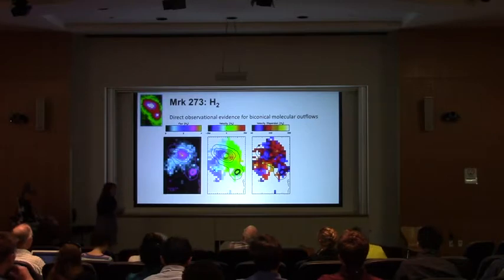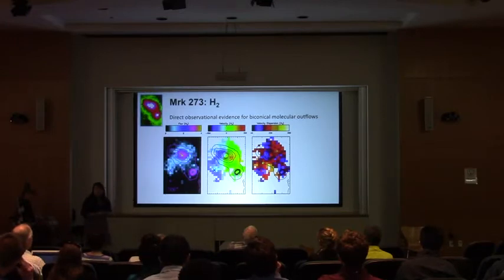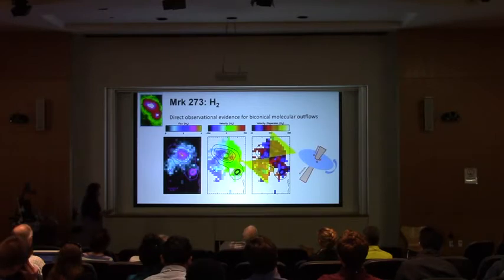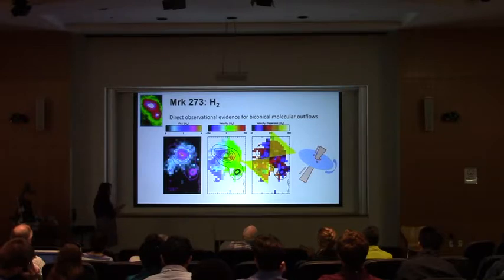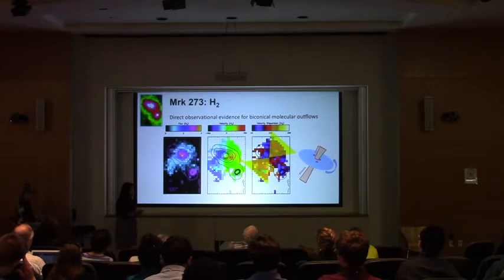But what's really interesting here is the dispersion that corresponds to molecular hydrogen, where it's enhanced along the minor axis of the rotating disk. And so what we were able to paint for this system is a picture where we see rotating gas disks around the northern nucleus, and we see direct evidence for a biconical molecular outflow coming out of it with some pockets of ionized gas in this disk.